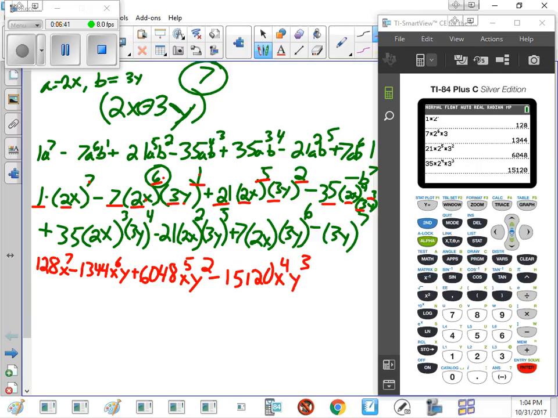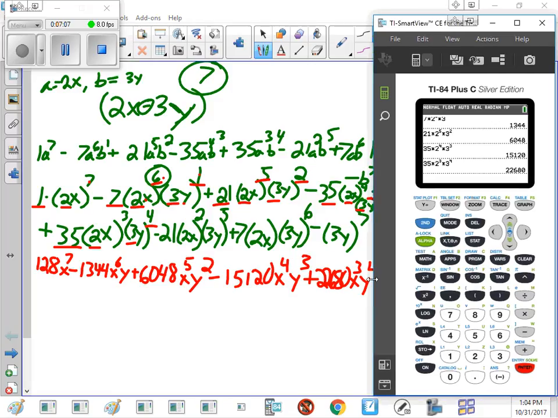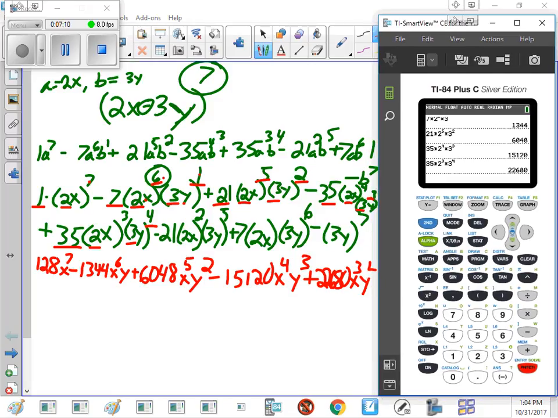And then plus, over here, 35 times 2 to the 3rd times 3 to the 4th. Is that going to fit? Let's see. We'll do a small 22680 x to the 3rd, y to the 4th. Okay, minus 21 times 2 squared times 3 to the 5th.